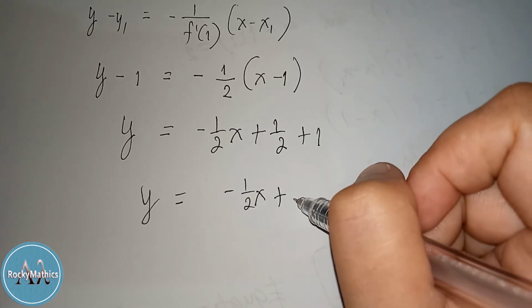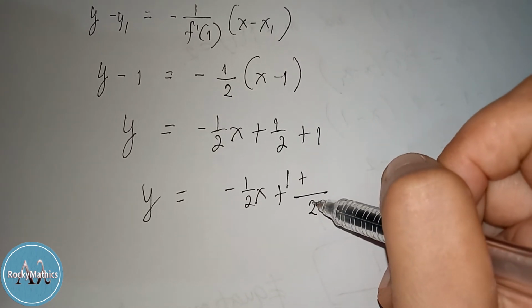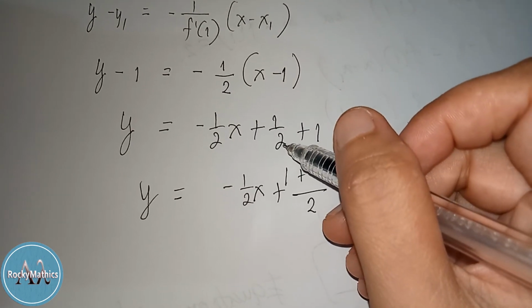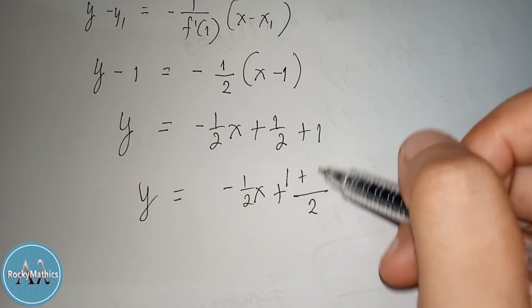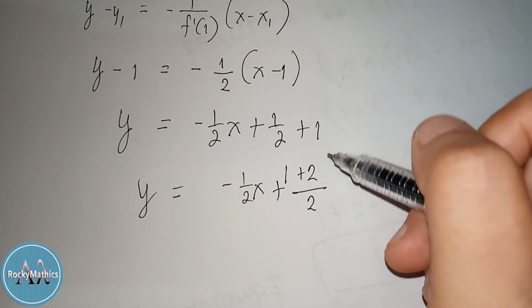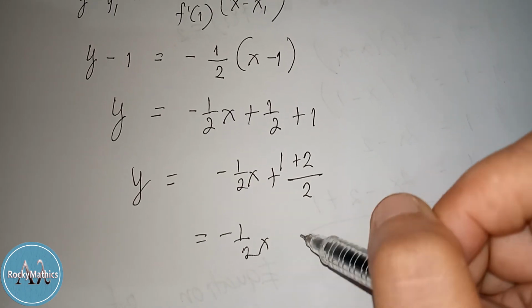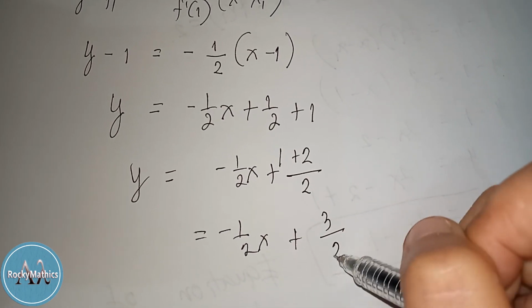All we have to do is find the LCD. So, 1/2 plus 1: 2 divided by 2 is 1 times 1 is 1, and 2 divided by 1 is 2 times 1 is 2. So we have y equals negative 1/2 x plus 3 over 2.